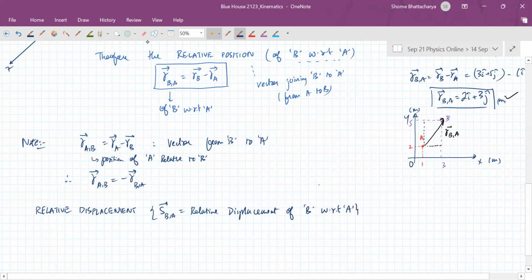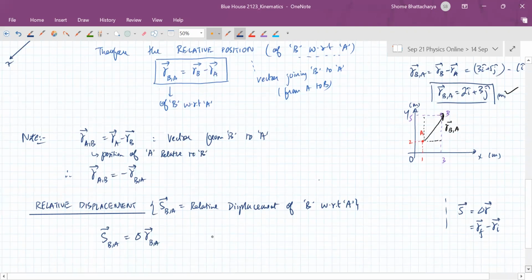In general, we have seen in kinematics, displacement is defined as change in position, that is final position minus initial position. Therefore, relative displacement will be defined as the change in relative position.